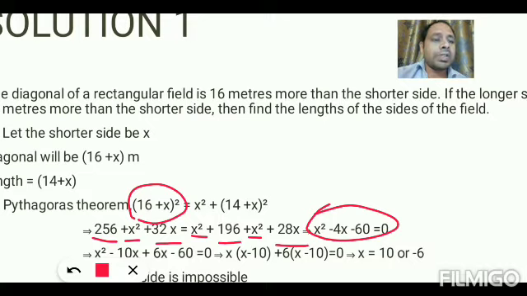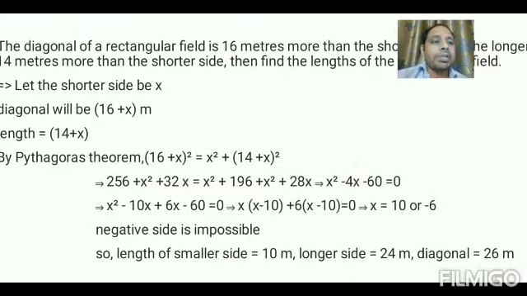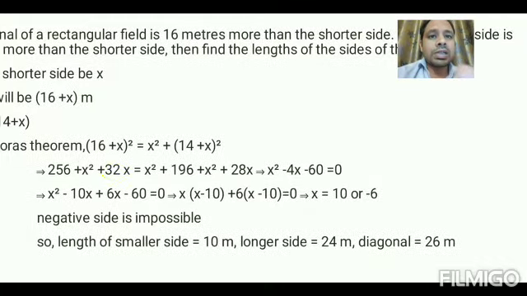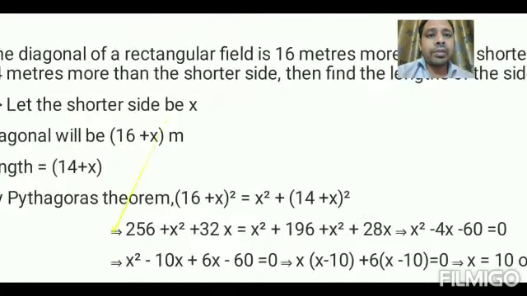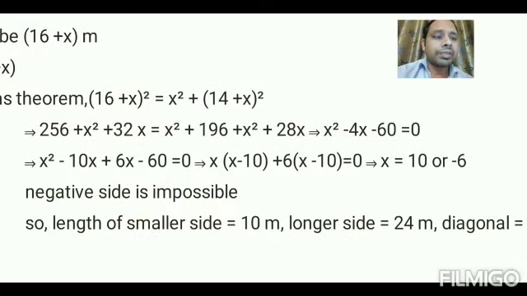Now if you solve this equation, you will get x equals 10 and x equals minus 6. It is very clear that minus 6 is not possible. Therefore the length of the smaller side is 10, and the longer side will be 14 plus x, that is 14 plus 10, which is 24.